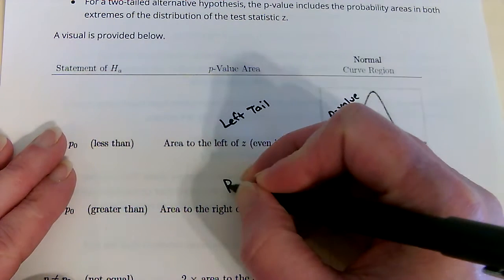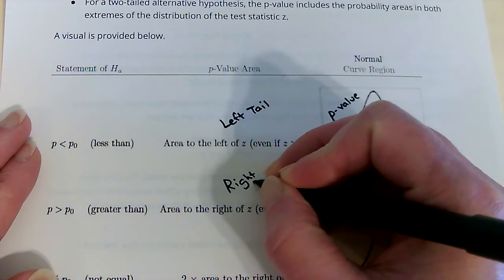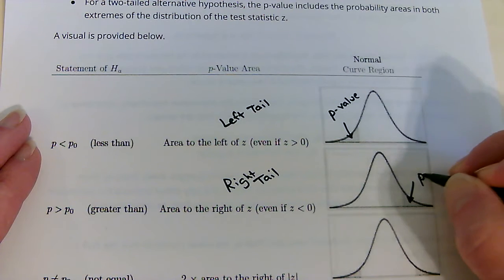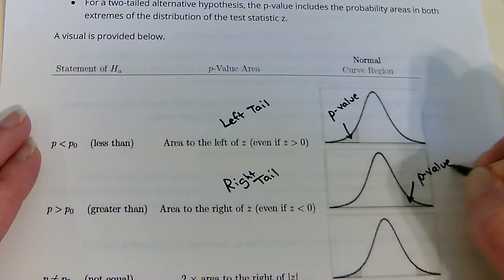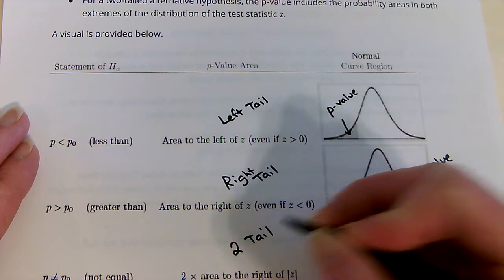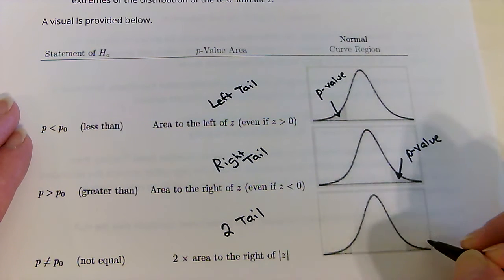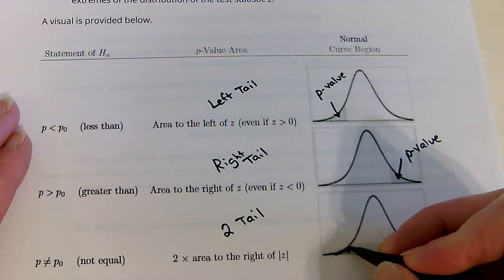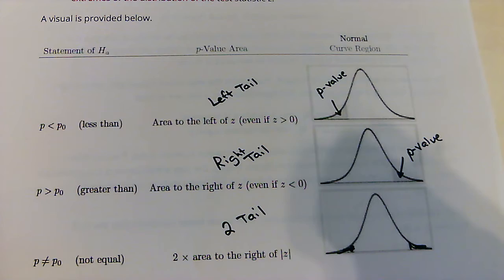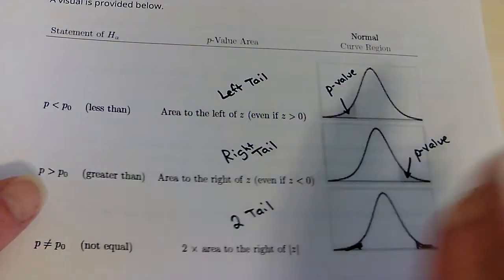And if it's a right tail test, we're doing the greater than test. We're looking at the p-value over here. And if we have a two-tail test, that's the not equal to, it could be here or here. So we're looking at two tails. We're looking at two probabilities.